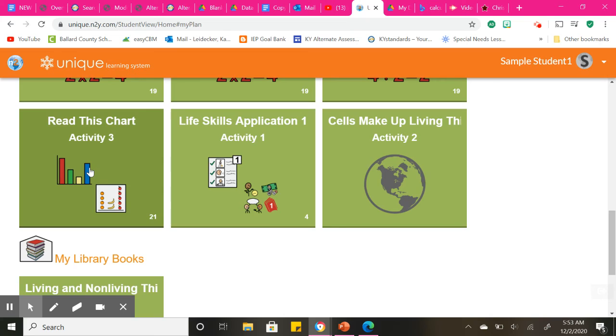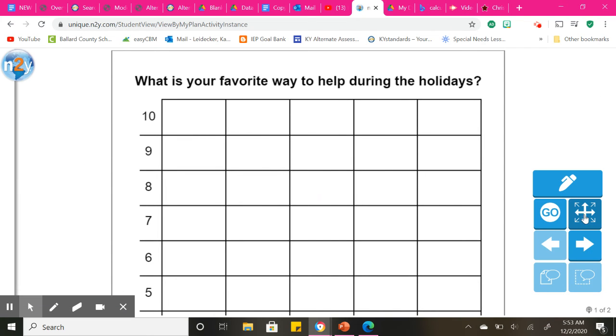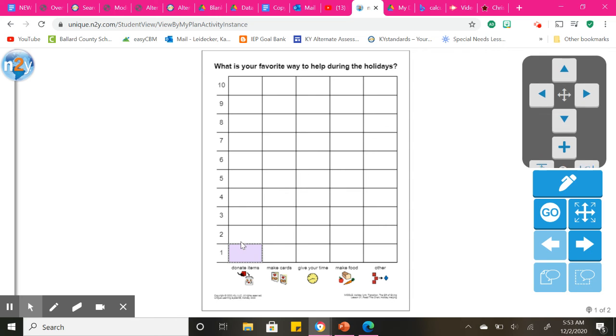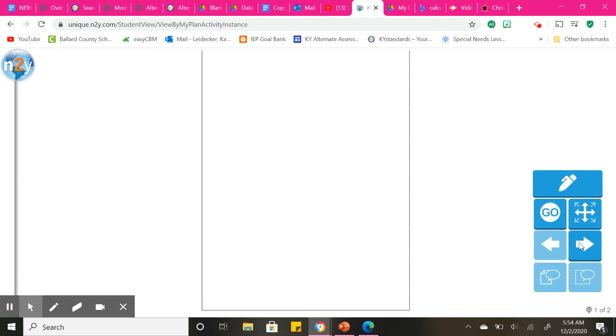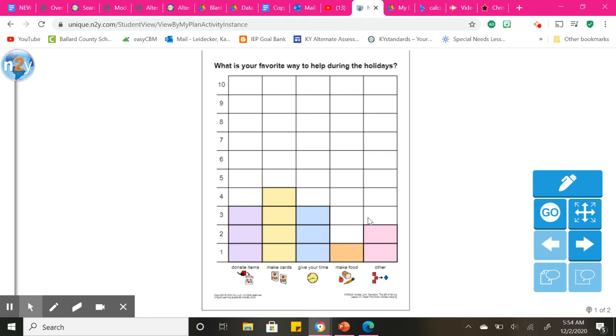And then you have read this chart. This just needs to be done. So you can kind of make this up on your own. This is just kind of creating your own bar graph. So just choose certain things however you want it to look like. And then on the next slide, you will then answer questions about what you did as your own bar graph.